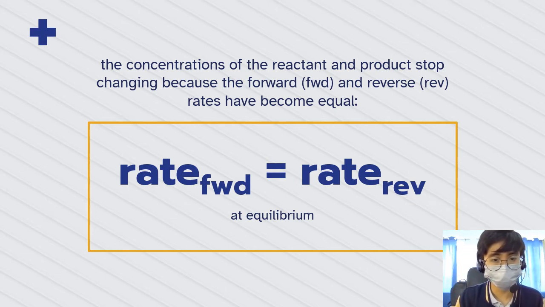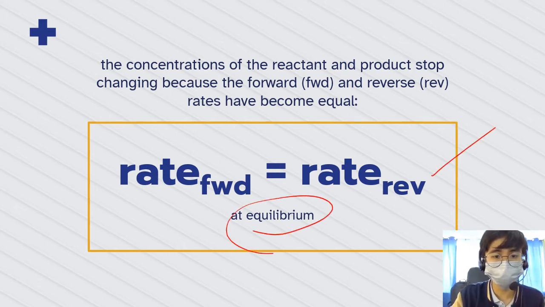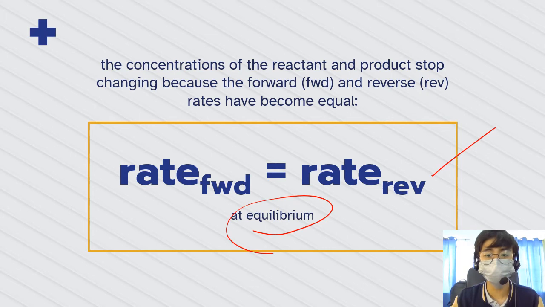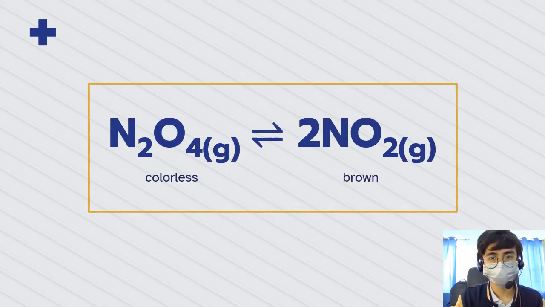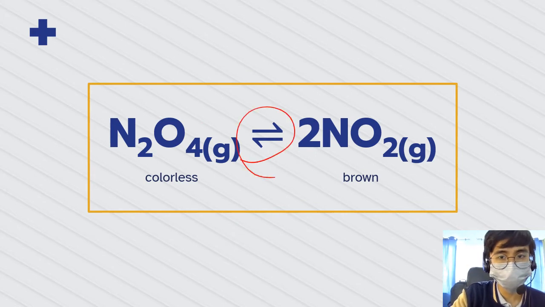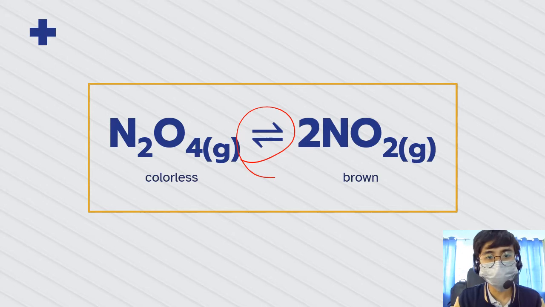So take note of this equation. At equilibrium, the rate of the forward reaction is equal to the rate of the reverse reaction. These two half-headed arrows pointing in opposite directions indicate that the reaction is reversible. So remember that a reversible reaction occurs in two directions.